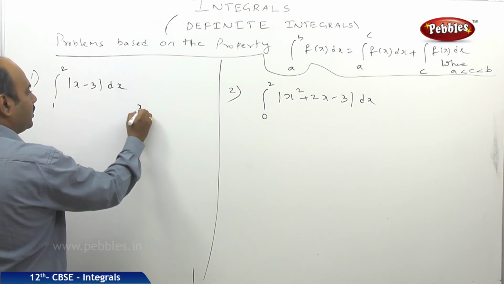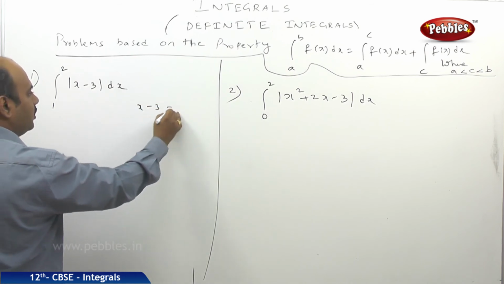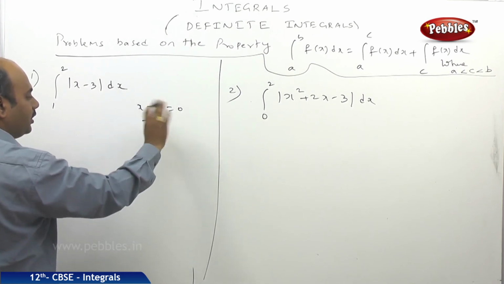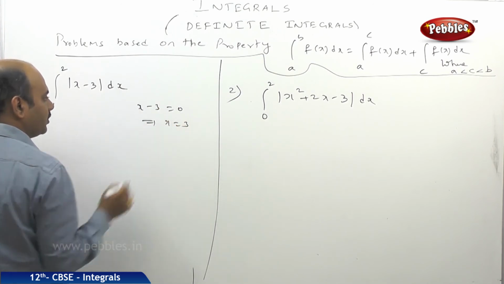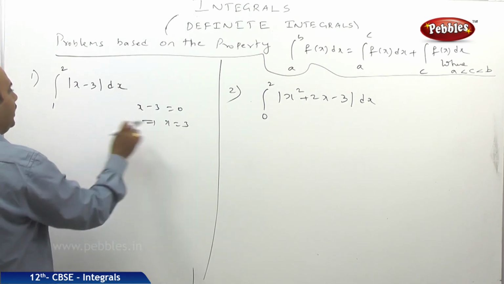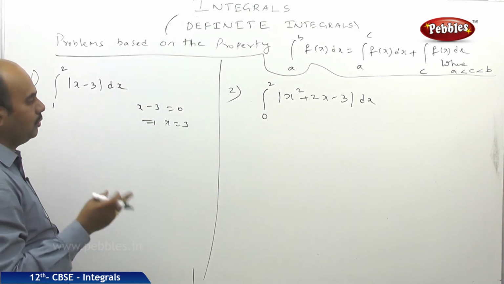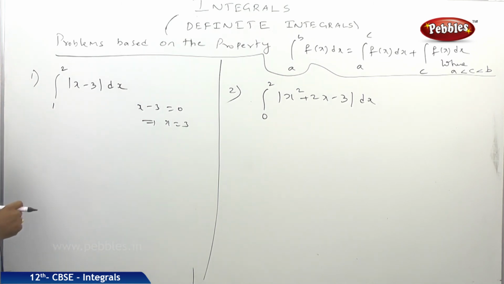Whatever function is given, let that function be called f of x, and make it equal to 0. So we get x is equal to 3. As x is equal to 3 doesn't lie between the interval 1 and 2, there is no need to break up our interval.